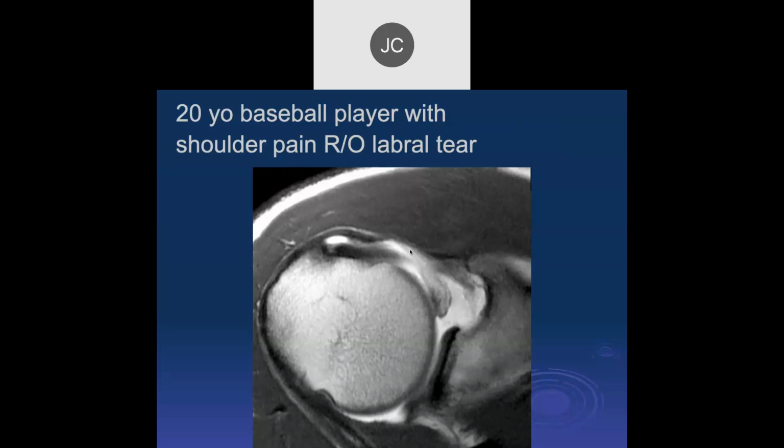Okay, so 20-year-old baseball player, rule out labral tear. I think we're above the equator here. The anterior superior labrum is not well visualized. Anteriorly, maybe that's the middle glenohumeral ligament that's thickened with some signal in it.